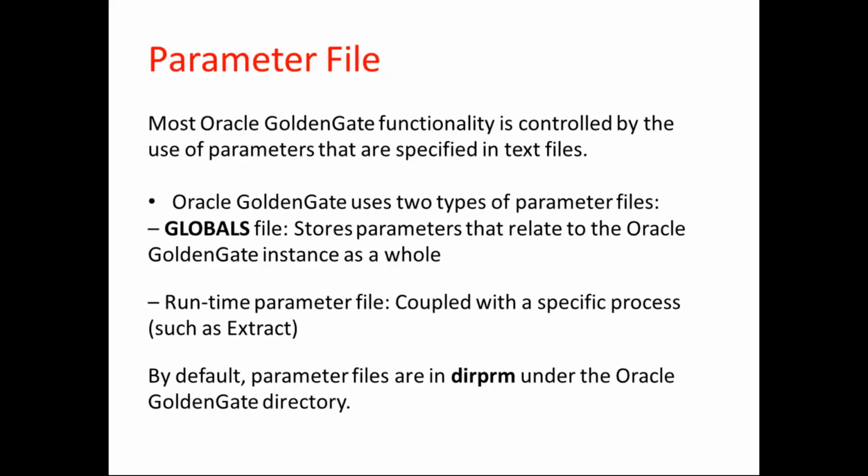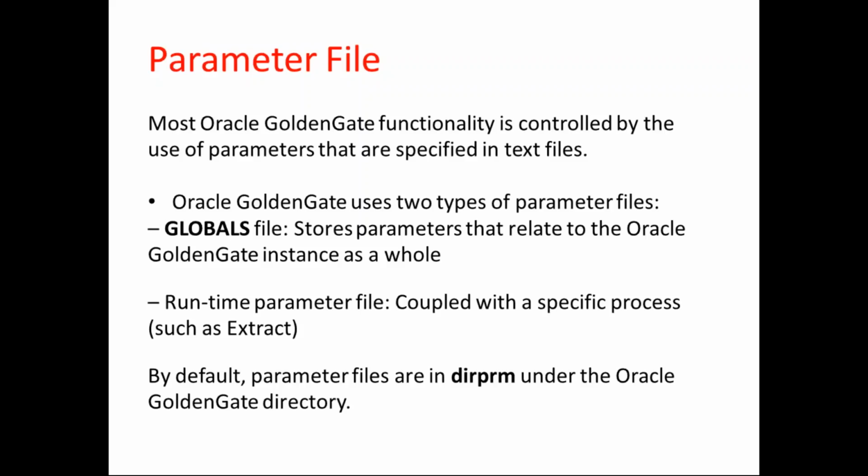These are the script files where we'll write all the commands which we want to use for that process. This is the parameter scripting file for GoldenGate.